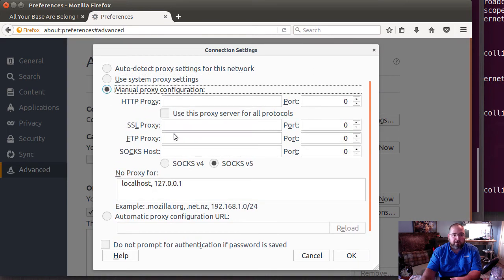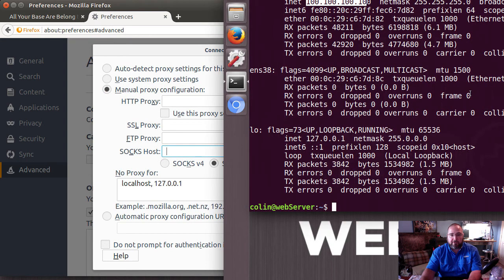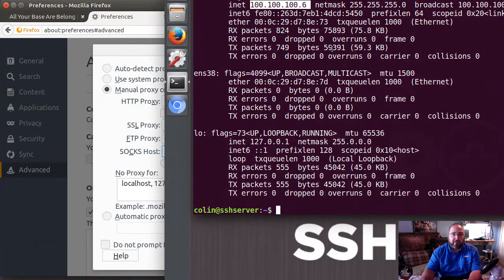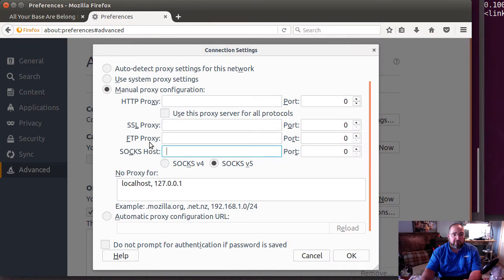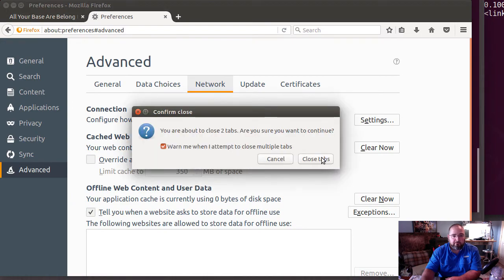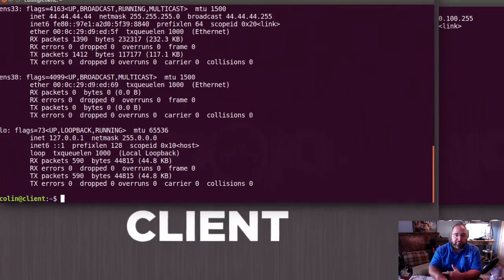We'll do a manual proxy, and the SSH server, remember, has an IP address of 100.100.100.6. That's who I'm going to configure as my SOCKS 5 gateway, and the port he's listening on is port 1080. I'll say OK to that, then close my browser and reopen it.